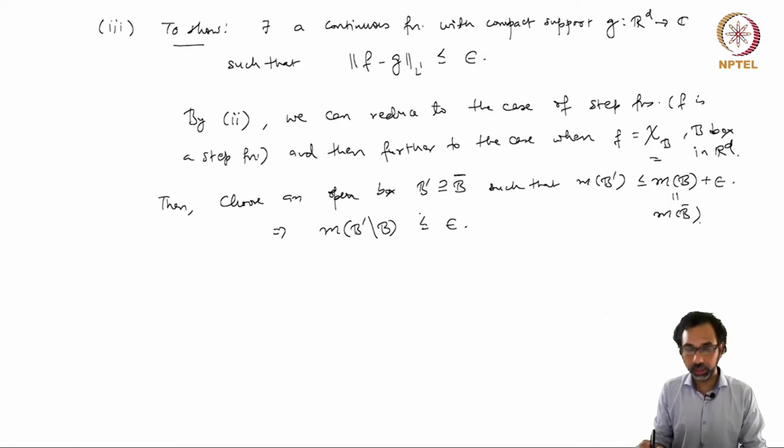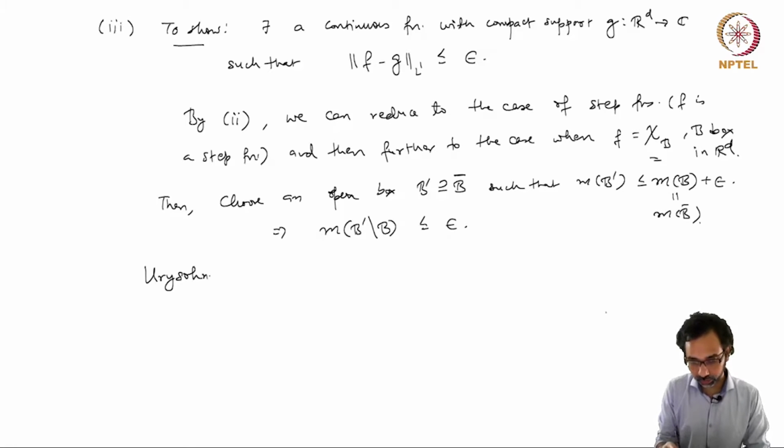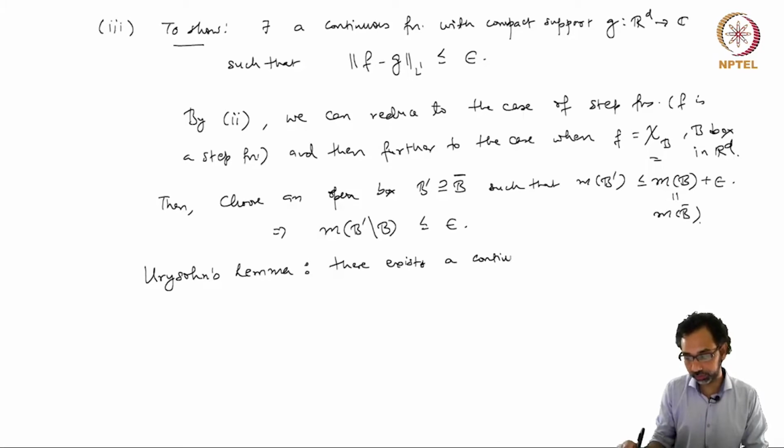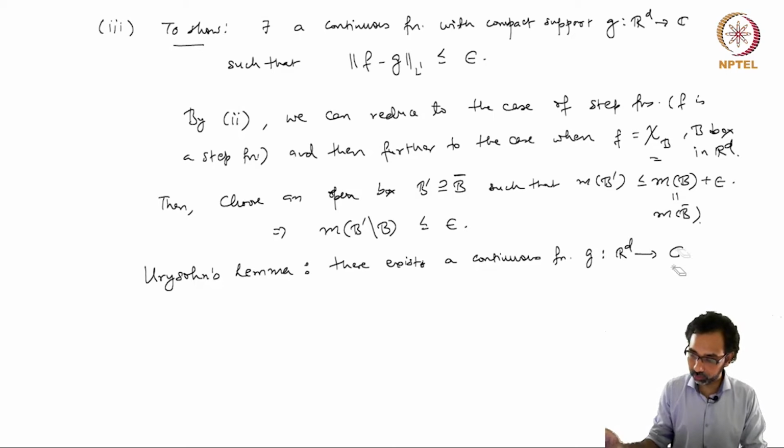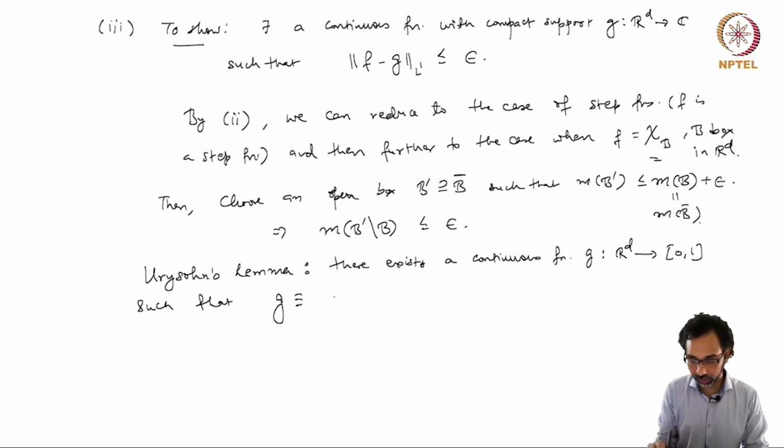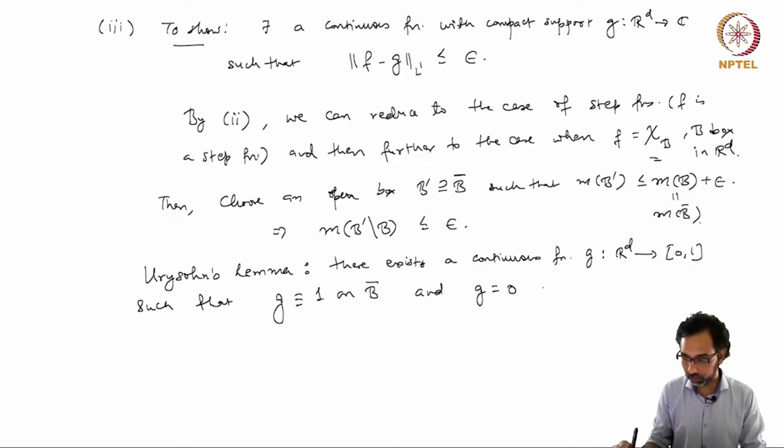Now we have chosen an open box B prime containing this closed box B, and now I'm going to use Urysohn's lemma, which states that there exists a continuous function g from Rd to the interval [0,1], so it takes values only in the interval [0,1], such that g is equal to 1 on the closed set B bar, the closure of B, and g equal to 0 on B prime complement.